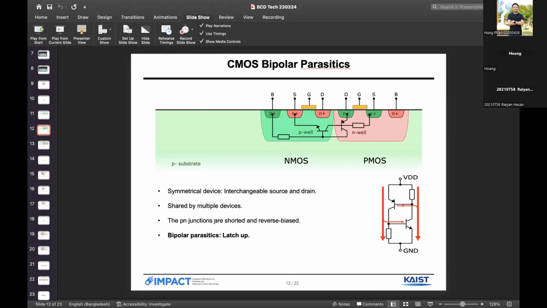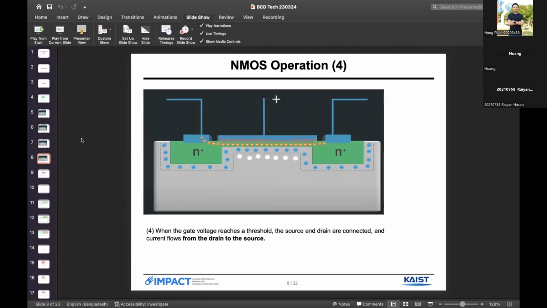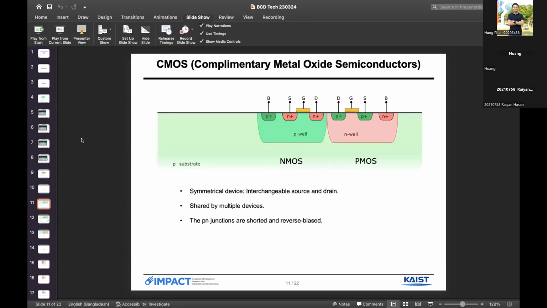How much do you know about the normal MOSFET? In order to make these slides, I studied a bit about NMOS, PMOS, and then CMOS. I studied these parts all by myself, just to make the slides. It's quite hard, I must say.